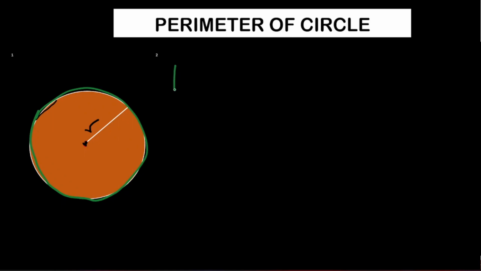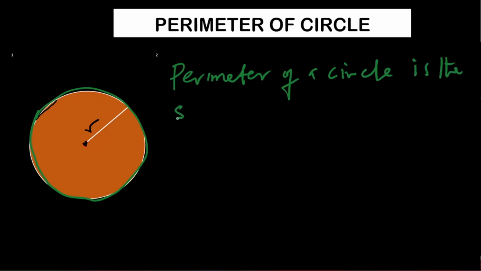So we can say that the perimeter of a circle is the same as its circumference. Hope that is clear.